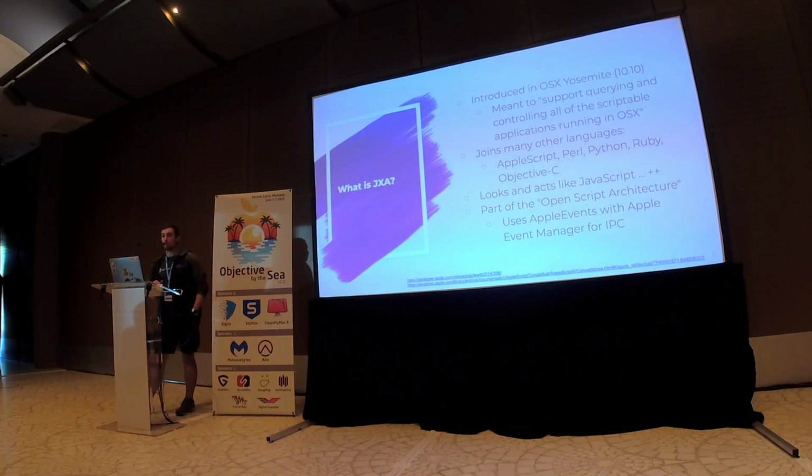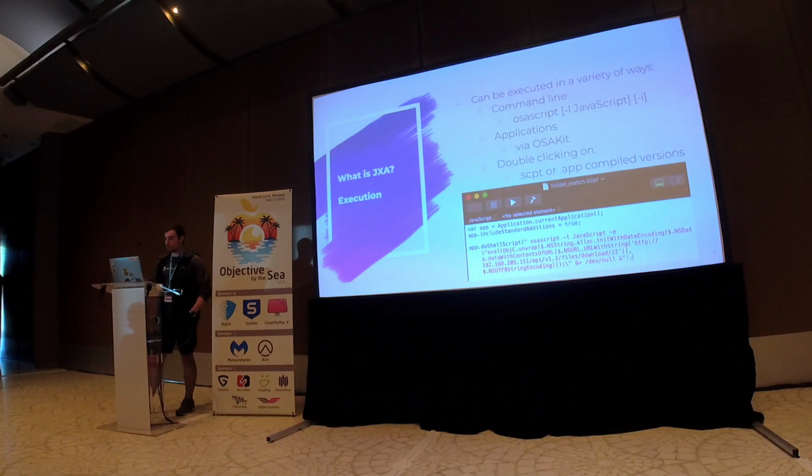If people here are familiar with PowerShell, I like to call JavaScript for Automation kind of like PowerShell version 1. There's a lot of stuff lacking, but it's still kind of powerful. And all this hooks into the OpenScript architecture, which just sends Apple events to do its correlation between different processes that are running on the system.